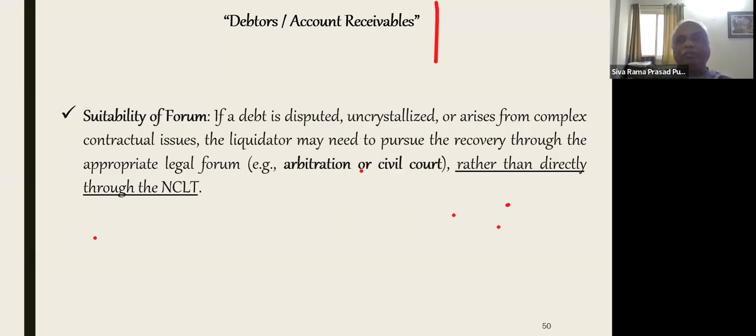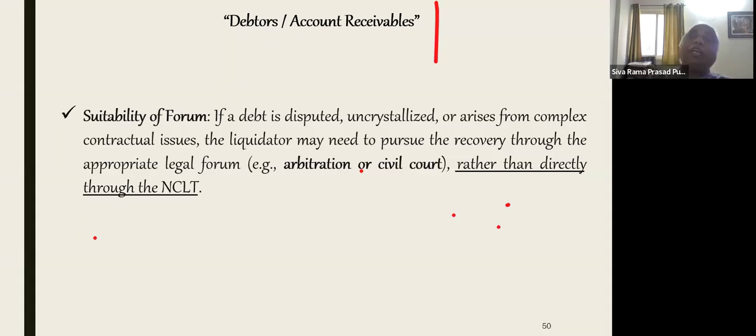Suitable forum. If the debt is disputed, uncrystallized, or arises from complex contract issues, the liquidator needs to pursue recovery through arbitration or civil court rather than directly through the NCLT. These are not to be addressed by the NCLT. That is your role as a liquidator. You have to get that particular data and check the bills of exchange, whether they are live or not.